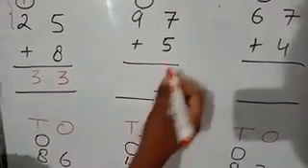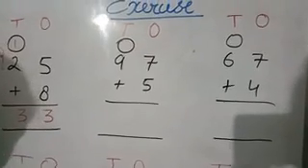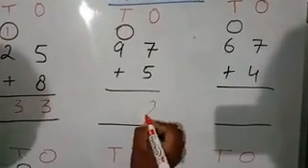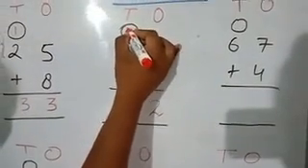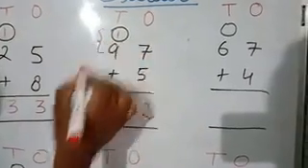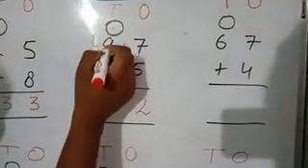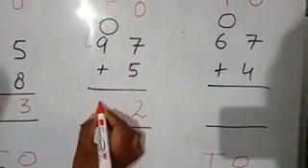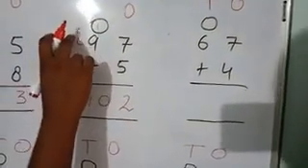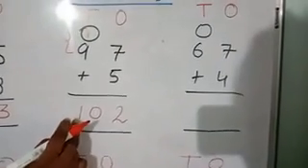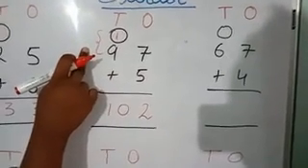See the next one, 7 plus 5. 7 plus 5, 12. So here we write only 2, and the 1 will go on the top of 9, and we add both of them. So 9 plus 1, 10. Okay, if the 100 is there, then 1 will go on the top of the hundreds number.